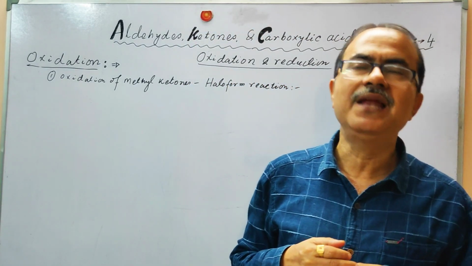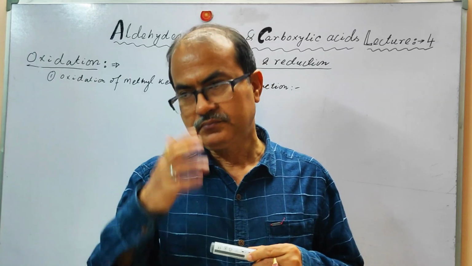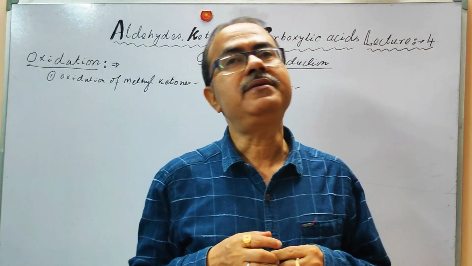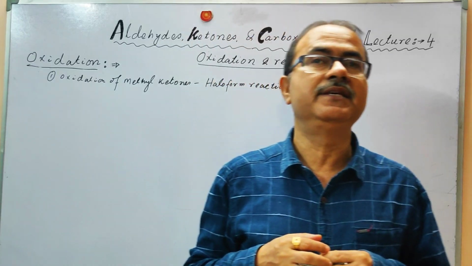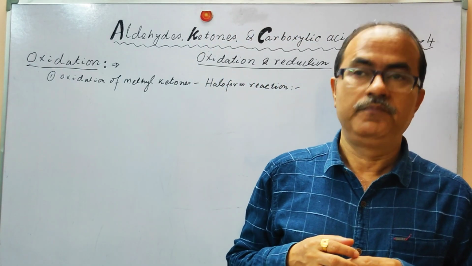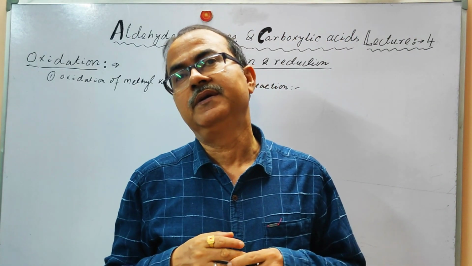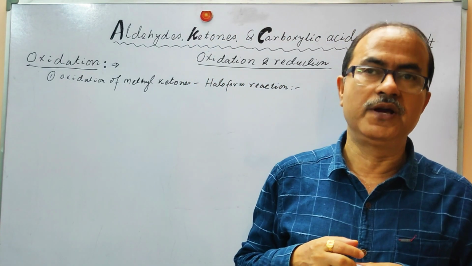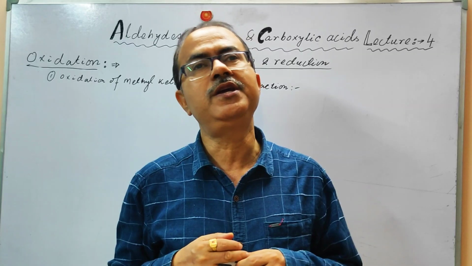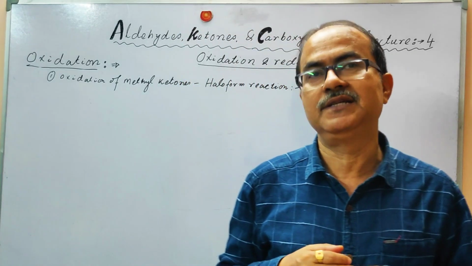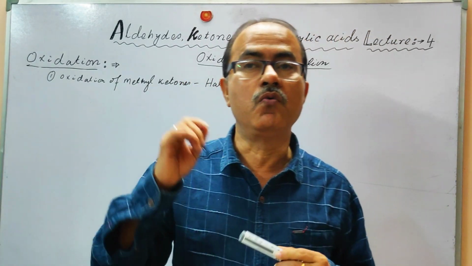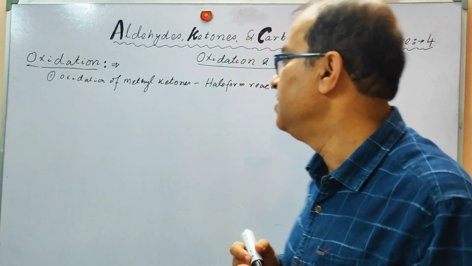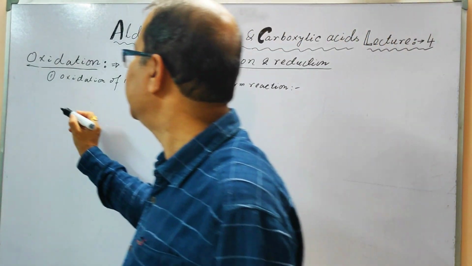Number one, the methyl group is transformed into the haloform, and there is a formation of the salt, in case of NaOH the sodium salt of the carboxylic acid, which has one carbon atom less than the aldehyde or ketone. So let us understand the reaction.